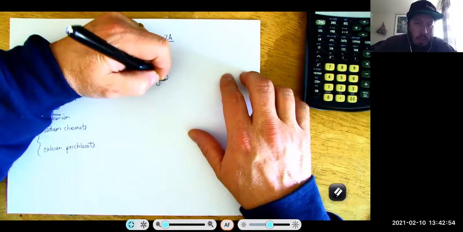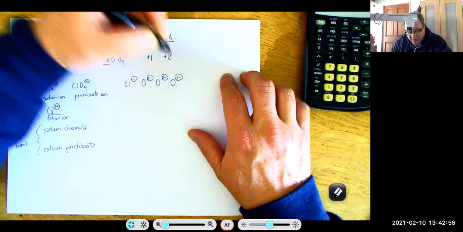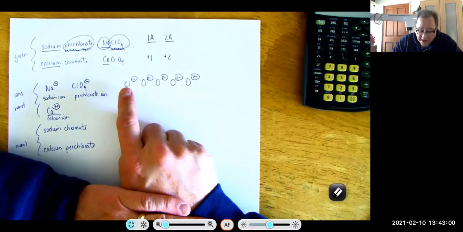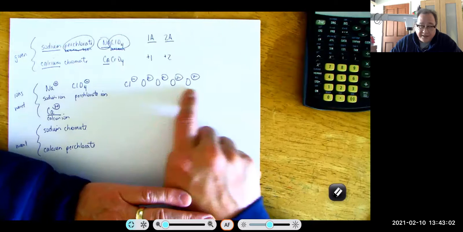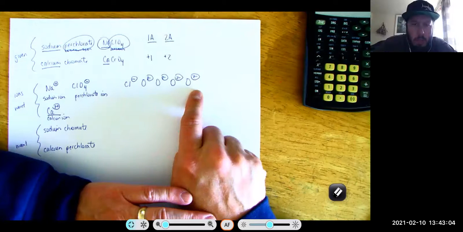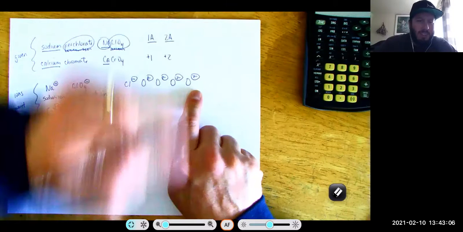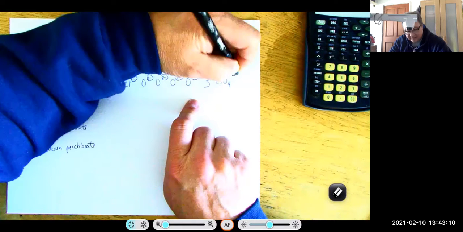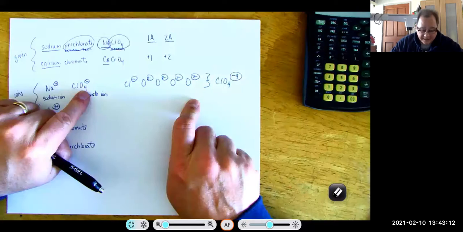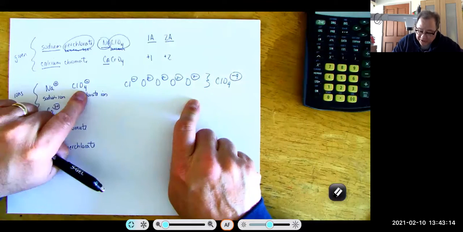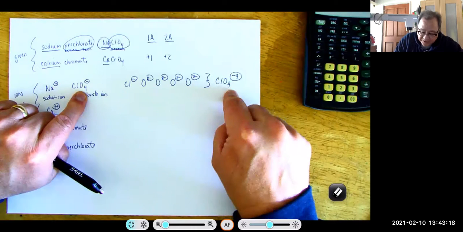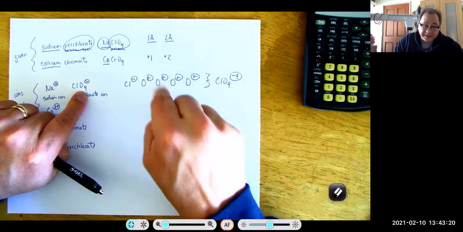Yeah, because if we do break it up, this is what we'd break it up into: a chloride and 4 oxides, right? Mm-hmm. That adds up to -9. But this says -1, and this is correct. So this is not correct. If this is not correct and it's based on this, what does it mean about this?